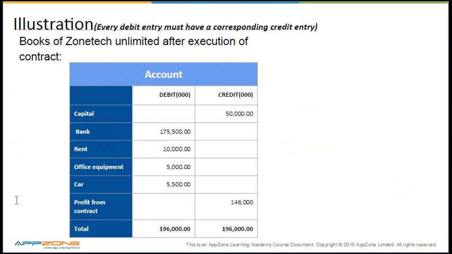Our rent is still 10 million naira. Our office equipment 5 million naira. Our cars 5.5 million naira. And the profit from our contract, which will be recorded in our reserves, 146 million naira. So we have a total debit of 196 million and a total credit of 196 million, which can be said to be the net worth, in a sense, of our business.